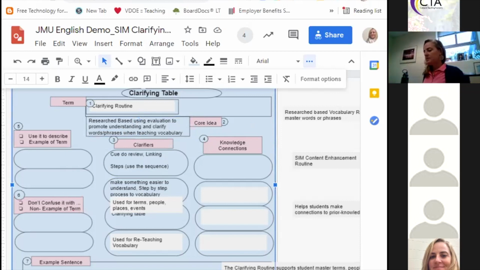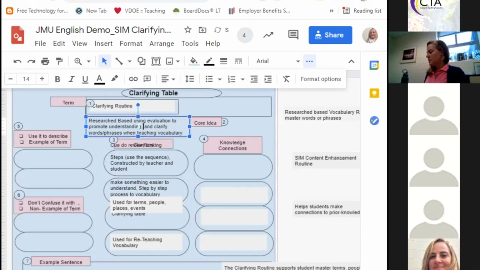Somebody wrote that it's co-constructed by the students, and I'm going to drop that down in here as well. Okay, I see the word meaning. So we're going to promote understanding, and how about to clarify meaning of words, phrases when teaching vocabulary.